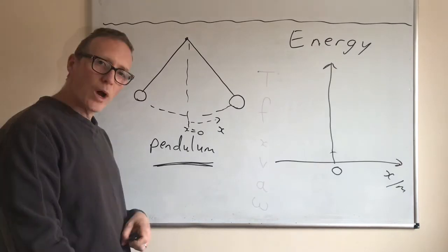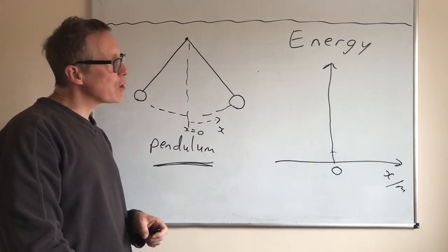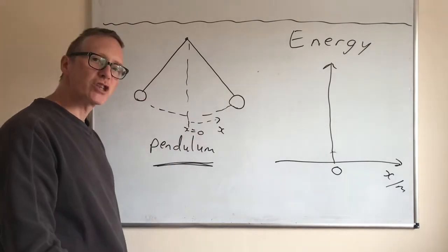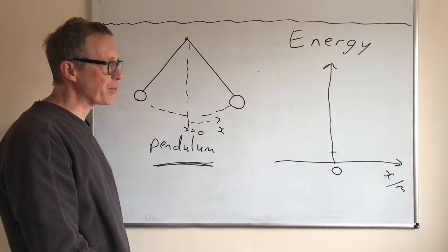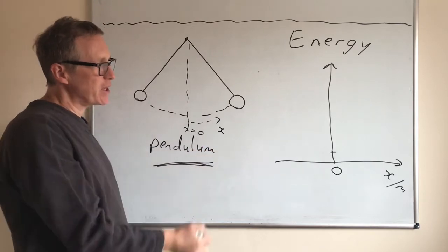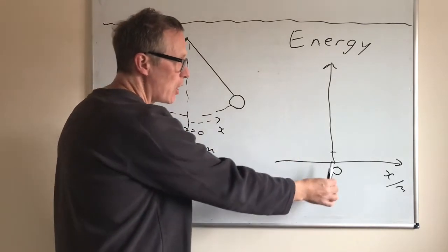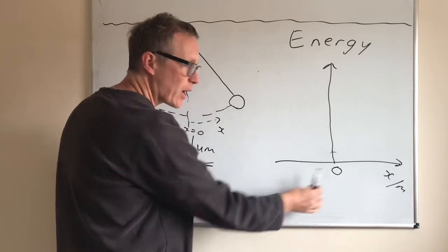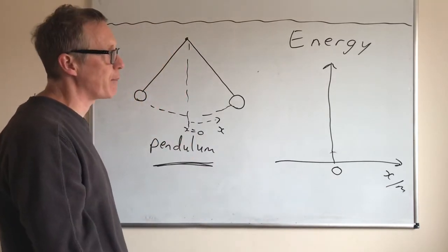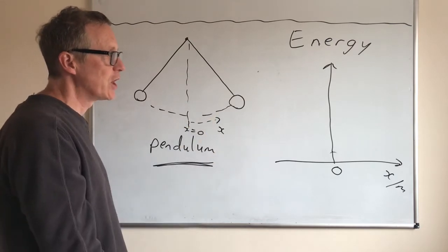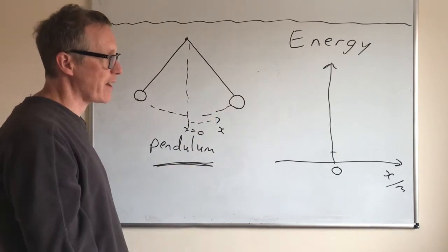contexts. Well, when we do an energy graph for the motion of an oscillating object, whether it's a pendulum or a mass on a spring, then we think about the energy as it varies on either side of the equilibrium point, x equals 0. The displacement is 0 at that point, and we think about the motion of the object and the energy of that object.